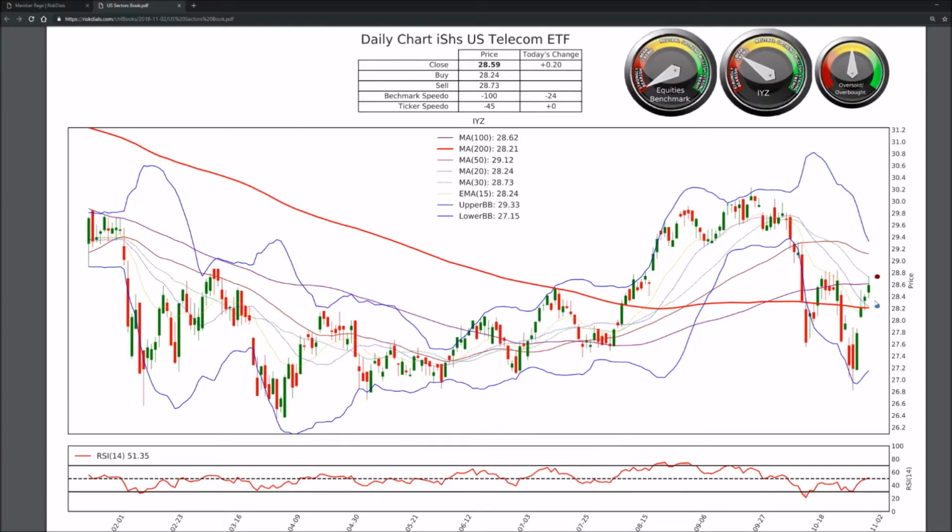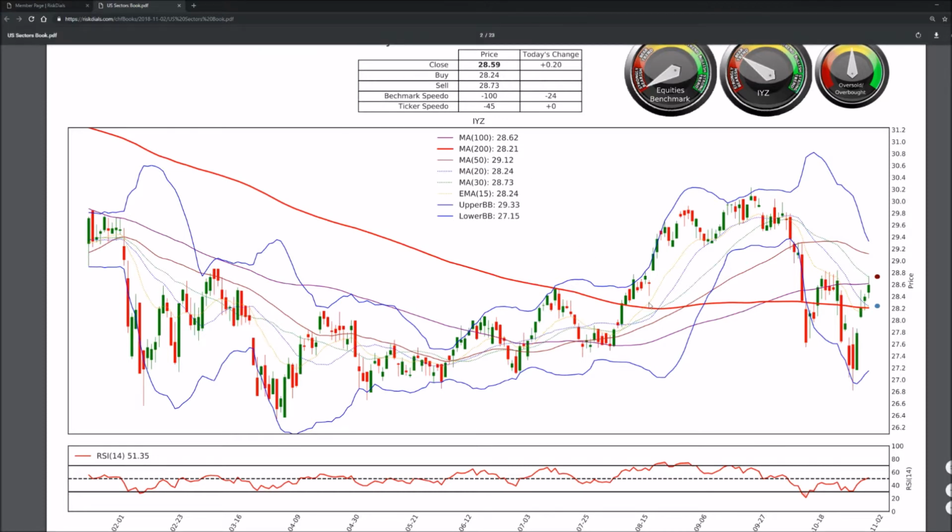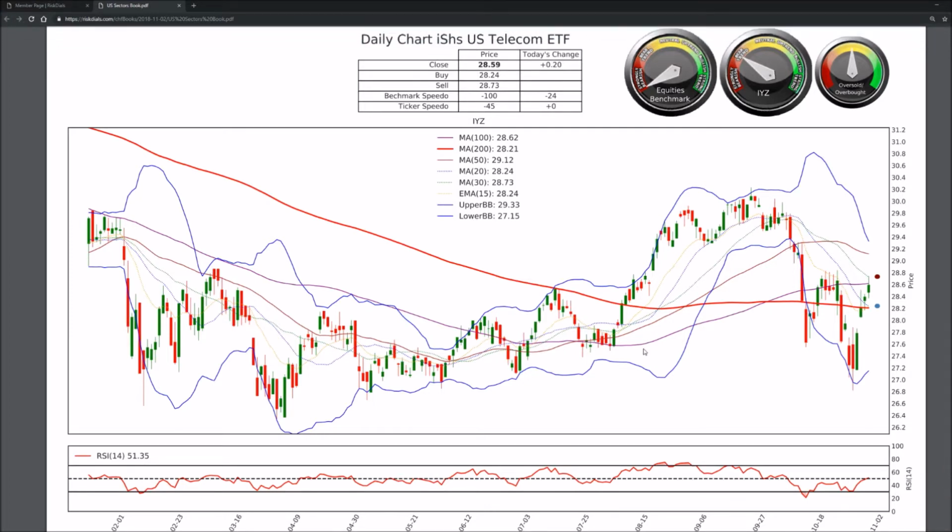The buy and sell levels, which are here in green and in maroon, and here in letters, in numbers, are calculated by powerful algorithms and are there to give you the ideal price to buy or sell that security. They are there to save you money. Most investors place market orders, meaning they buy or sell at the best price on the open, for example.